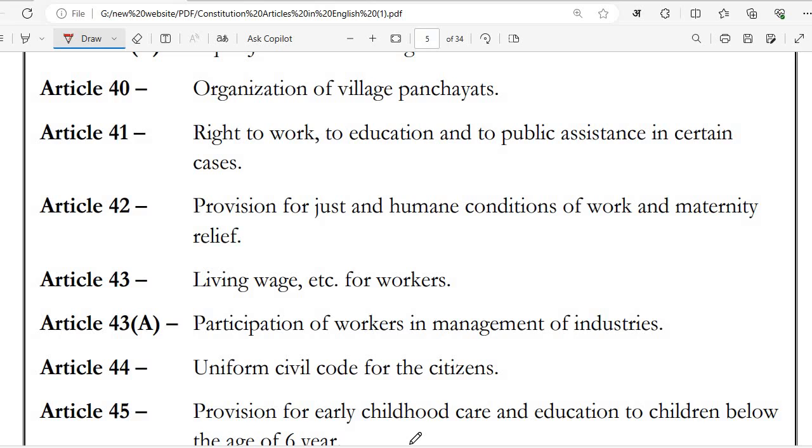Hindus have their personal laws, the Manusmriti and Vedas. Muslims have Sharia law and their personal law, as do Jains and Buddhists, and mostly this is against the fundamental rights of women, because these personal laws definitely to some extent derogate the fundamental rights of women, and this article has not been implemented yet.